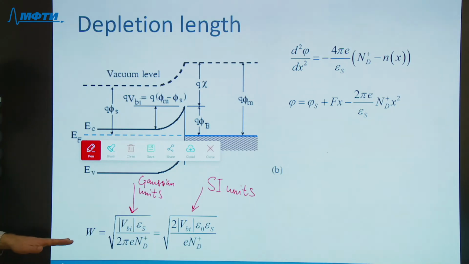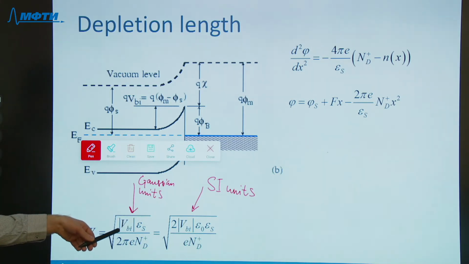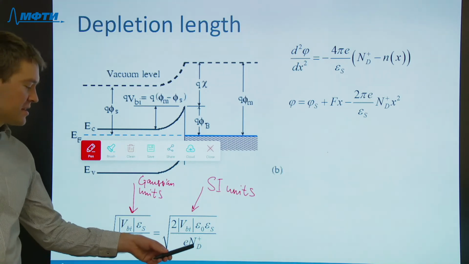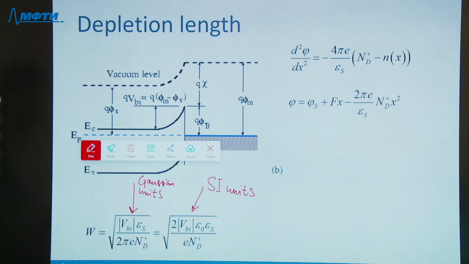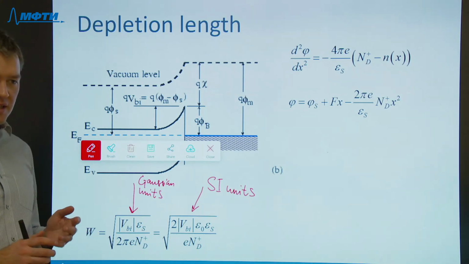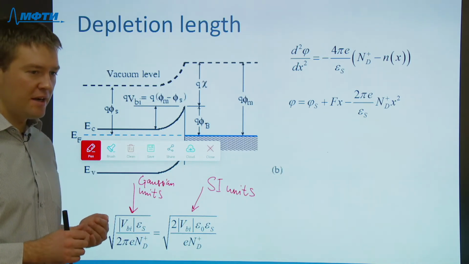So what is the general knowledge about the depletion width that we should know? It is proportional to the square root of the built-in voltage, and it is inversely proportional to the square root of the doping density. And it is quite physical, because doping density shows the ability of the semiconductor to screen.